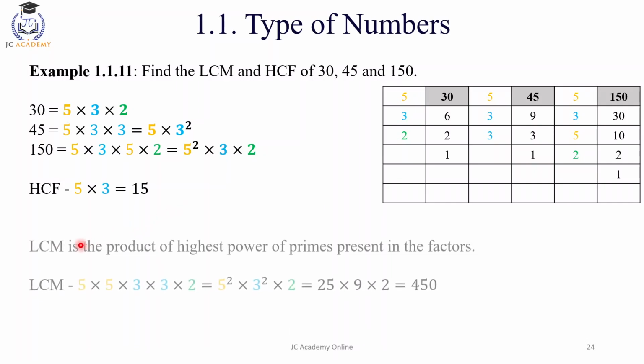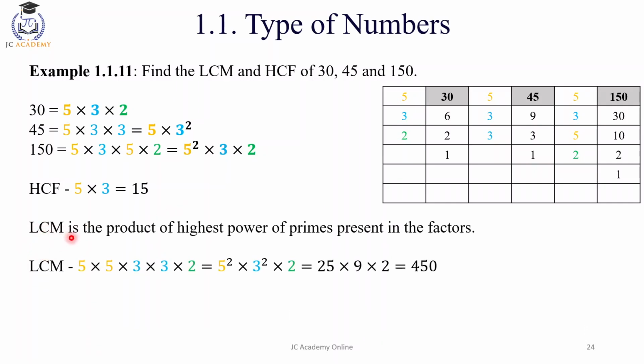Okay? For the least common multiple, the least common multiple is the product of the highest power of primes present in the factors. So, looking at all of these, the highest power is 5 squared. Looking at the second number, the highest power is 3 squared.